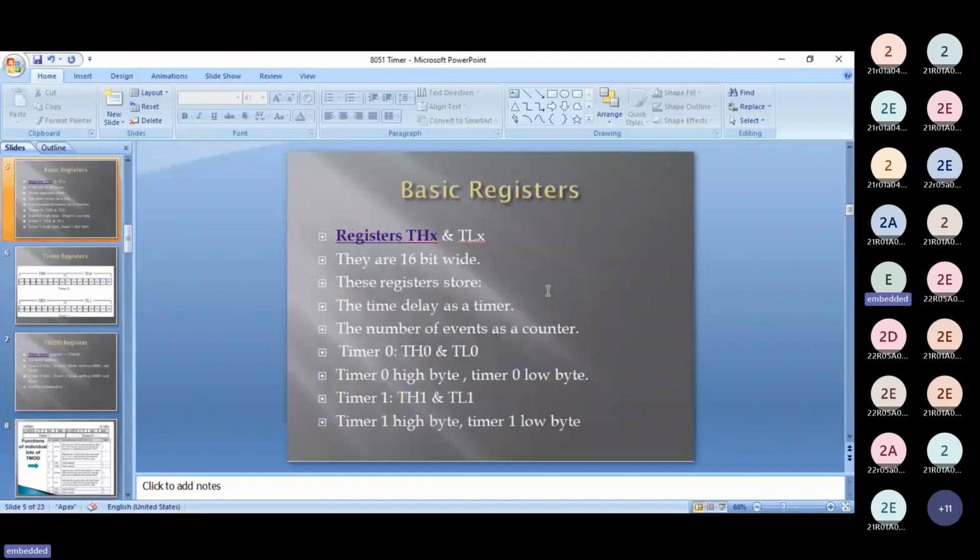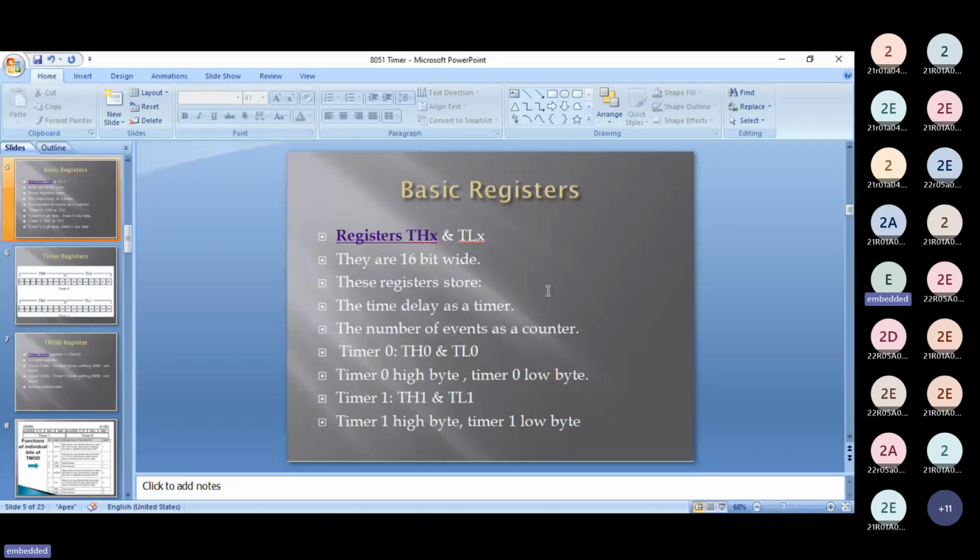Next, the basic registers present in the microcontroller 8051. Registers THx and TLx are present in the 8051 microcontroller. These are 16-bit wide. These registers store the time delay as a timer, or the number of events as a counter.